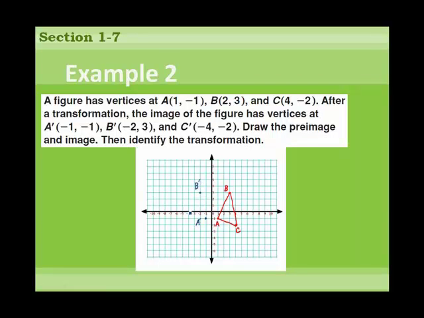And at negative 4, negative 2, so that would be C prime. So if we look here, what happened to the image? We have to draw the pre-image, which we did, ABC, and the image, A prime, B prime, C prime, and then we have to identify the transformation, and this to me appears to be a reflection.